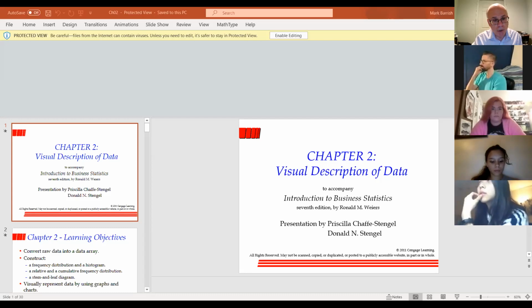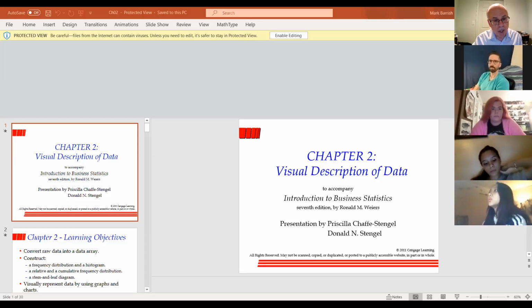We're going to learn how to do a relative and cumulative frequency distribution. And then next time we'll talk more about the stem and leaf and a couple of other charts that are in chapter 2, including the dot plot and this.